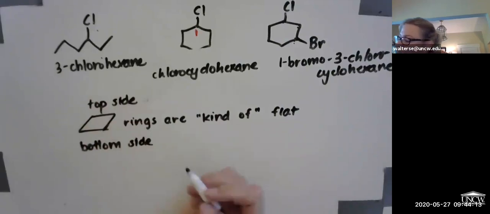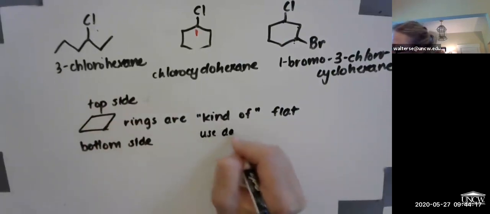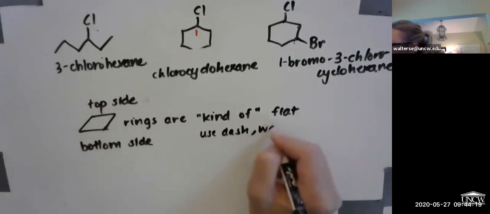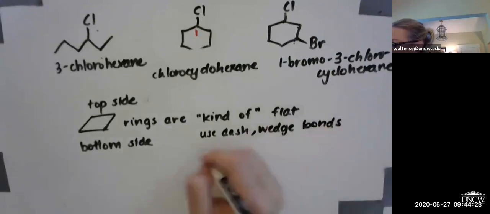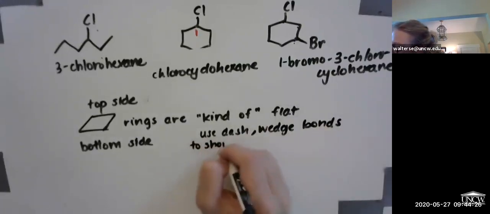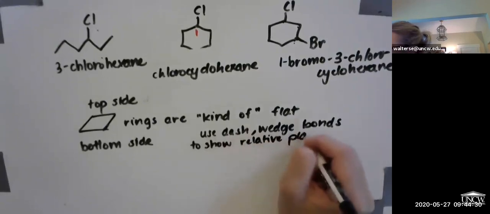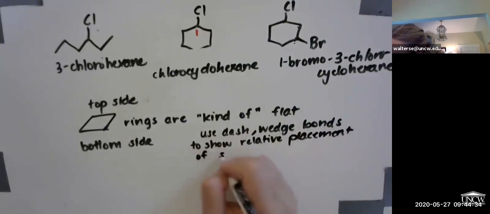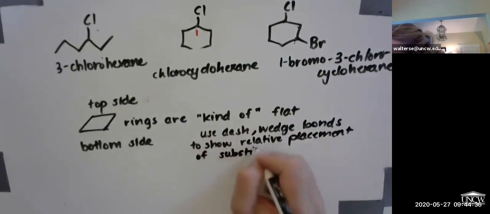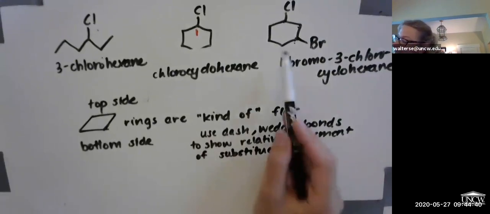And so you can use dash and wedge bonds to show relative placement of the substituents. So I'm going to take this compound.